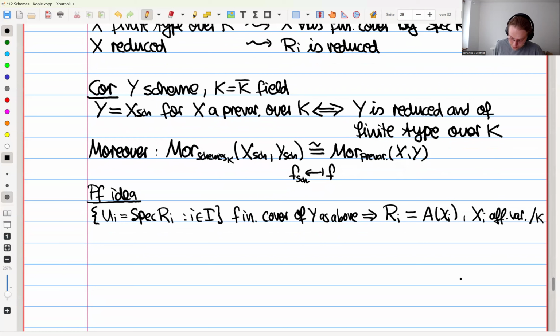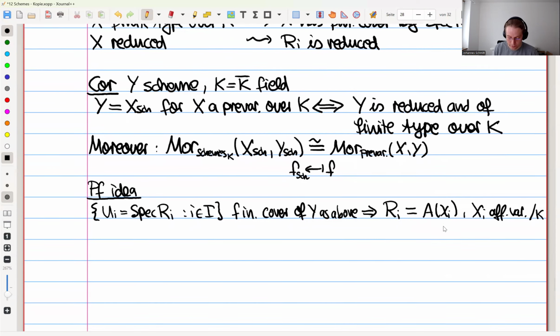So this is an old result. This is from the first part of the lecture, where we saw this equivalence of categories between affine varieties over K and finitely generated reduced K algebras. And so somehow this gives us this collection Xi of affine varieties.